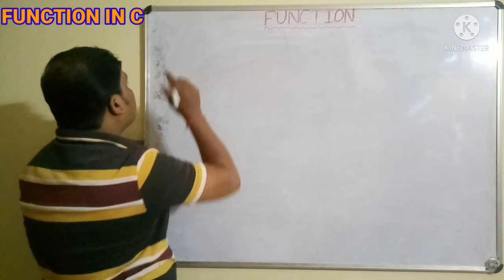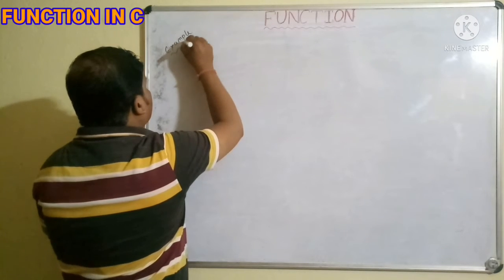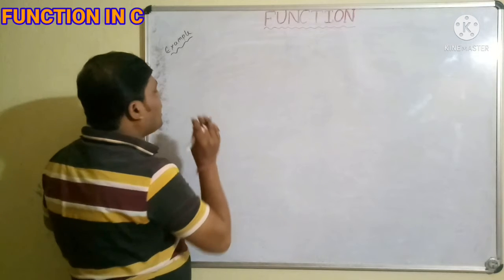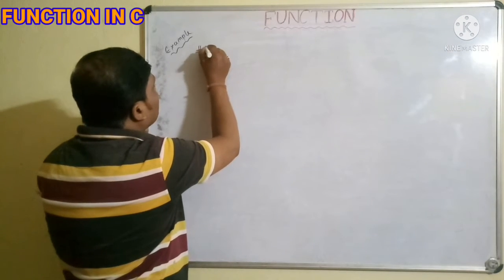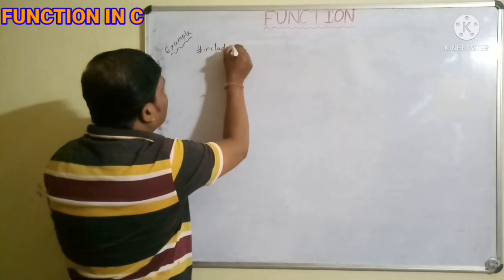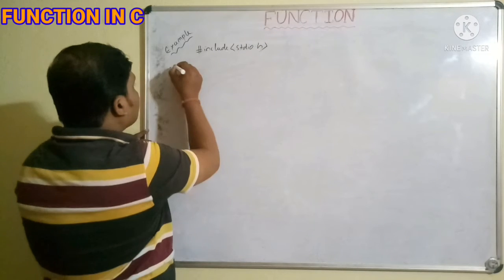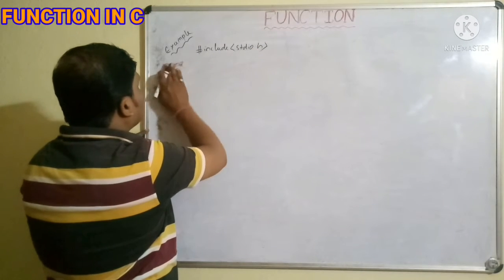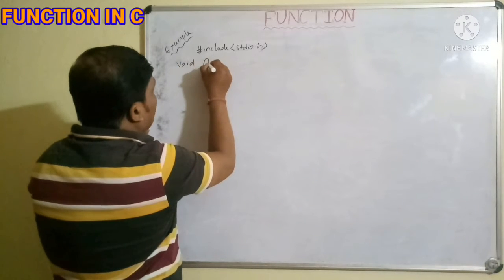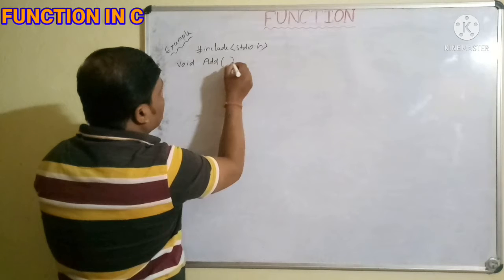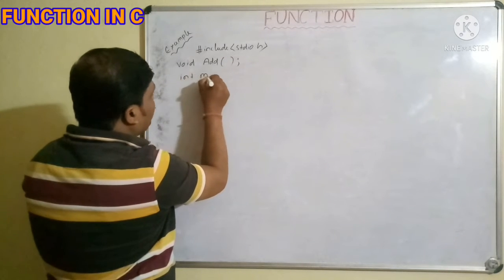Let us see a small example. This is a very small example I am writing to add two numbers. You just see, hash include stdio.h, then int, then void add, semicolon, then int main.